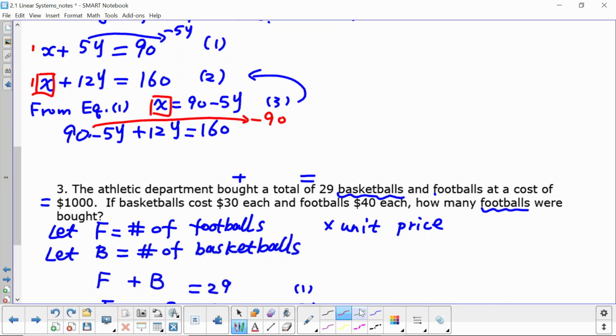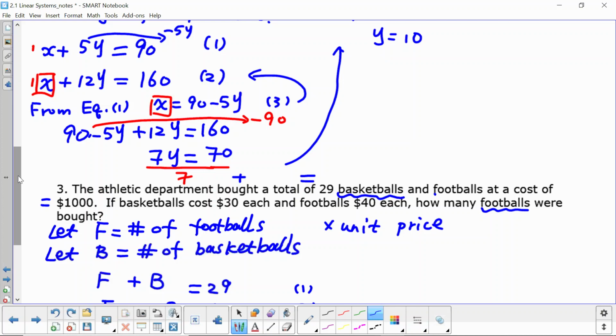Then negative 5y plus 12y gives you 7y. 160 minus 90 gives you 70. In order to solve for y, we move the 7 to the other side by doing the opposite operation, division. Then we have y equals 10.